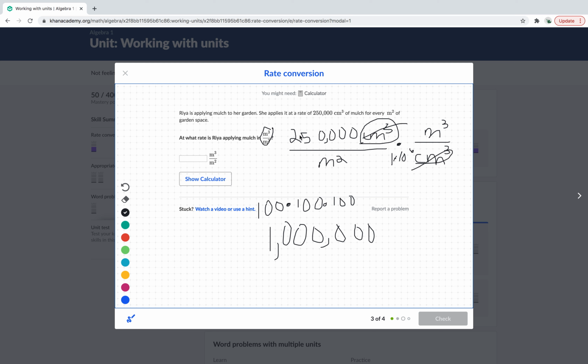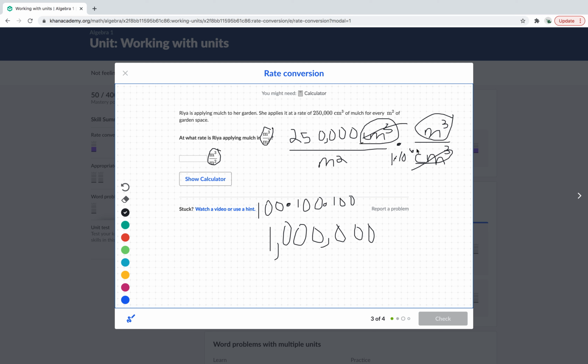Now we have 250,000 meters cubed. This time it's going to merge together, so this is going to be 250,000 meters cubed divided by meters squared. That's what we want on here.